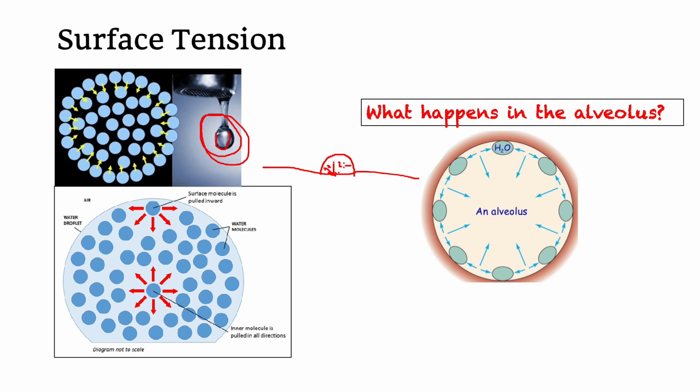So if we put this surface tension in the alveolus, in the lungs or in the alveoli, there are water molecules on the surface of the alveolus, a lot of water molecules.